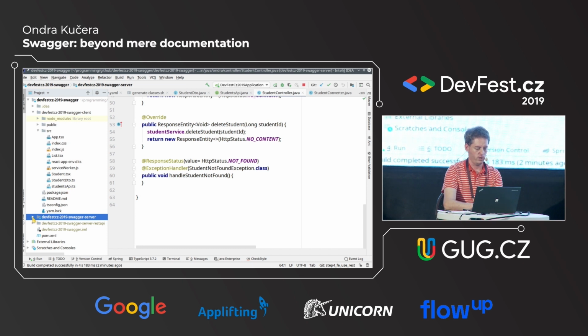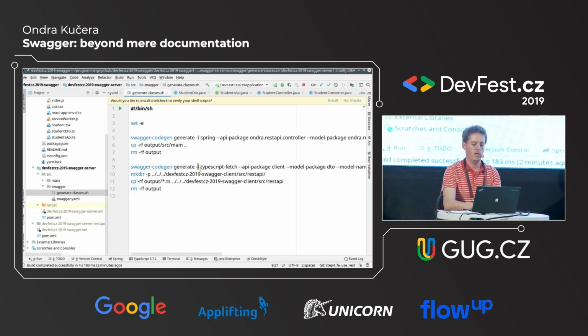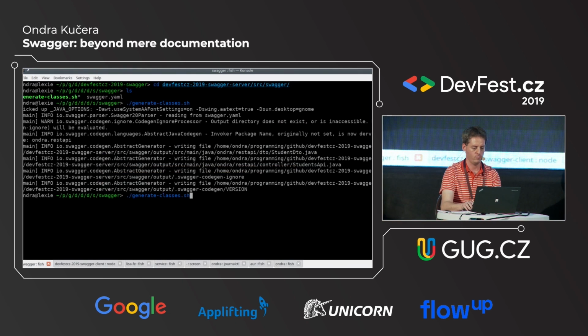No, not yet, sorry. If I go back to generate classes, I added to this shell script one more invocation of Swagger code gen, this time for TypeScript. And again, I will copy those TypeScript classes into my client application. So let me run it again.